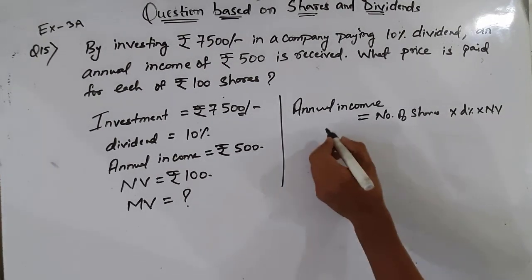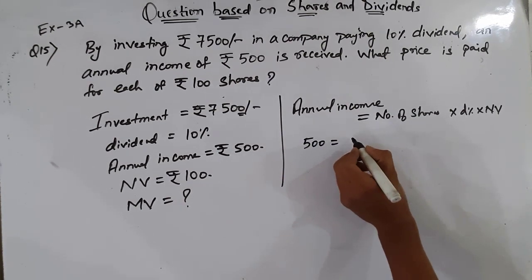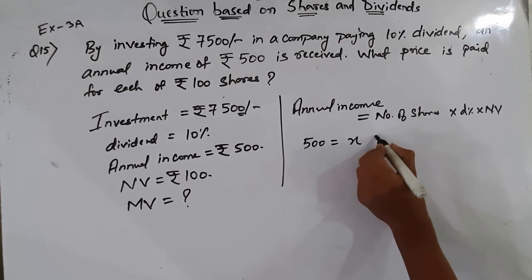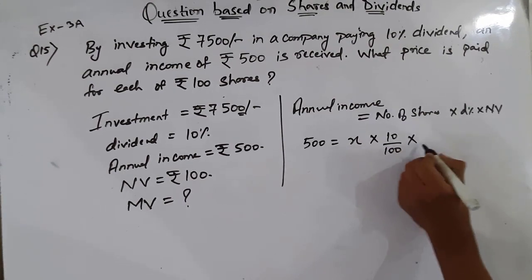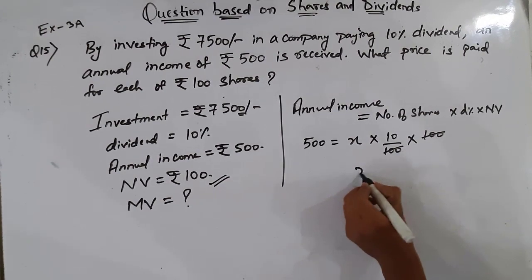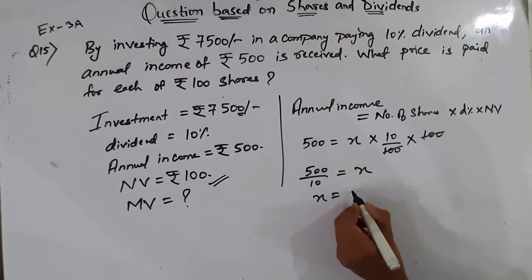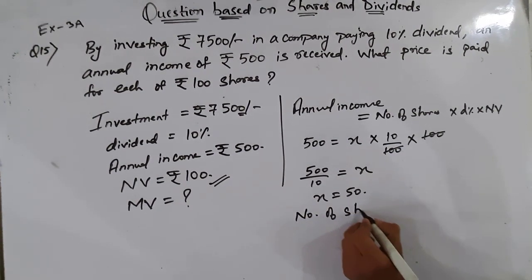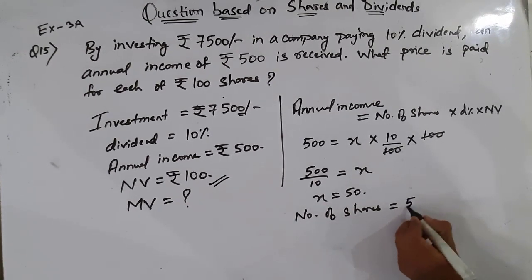So here annual income is 500 equals number of shares, which can be considered X, multiplied by dividend percent, so it is 10 upon 100, multiplied by nominal value, that is 100. So from here we can say X is 500 upon 10, that is X comes to 50. That means the number of shares purchased by the person is 50.